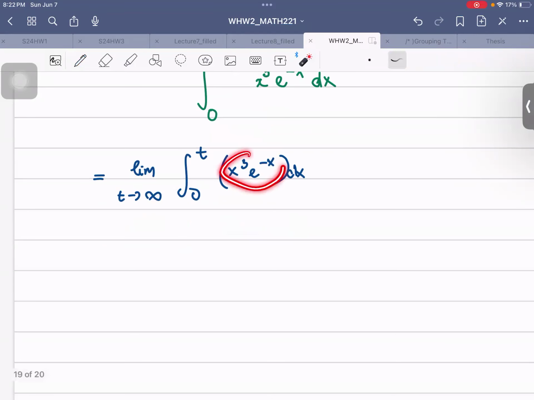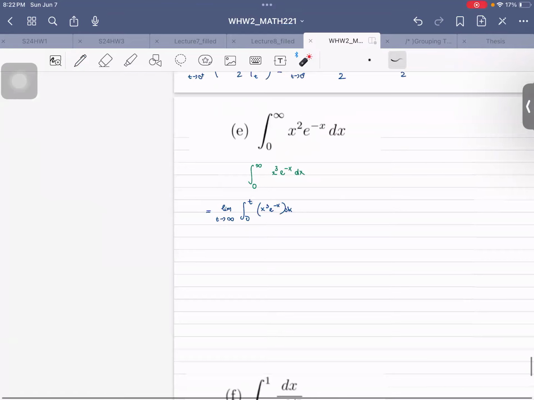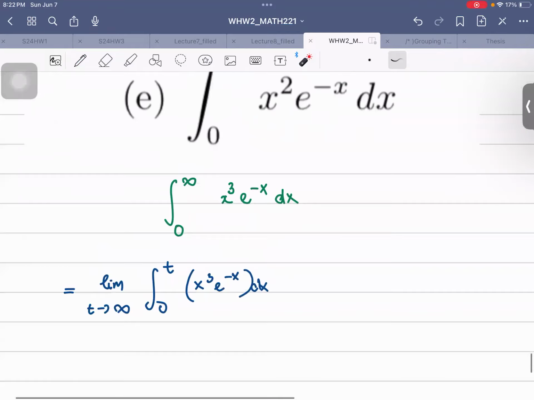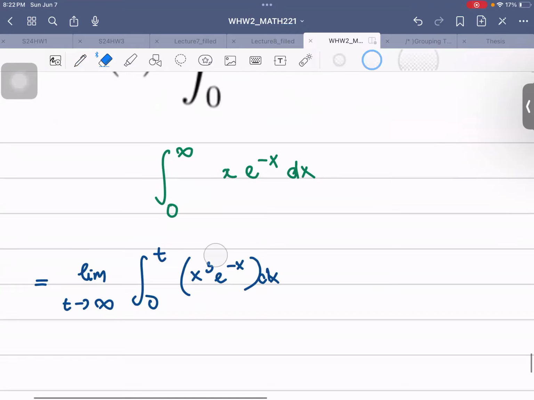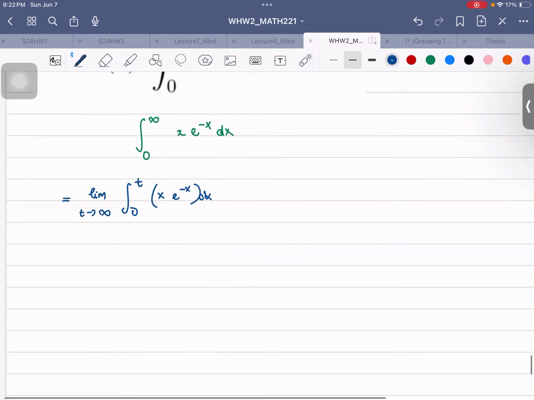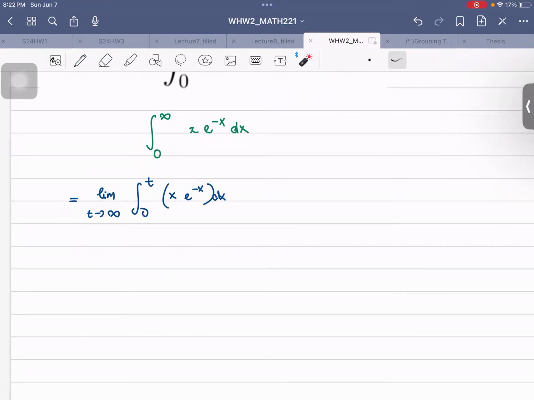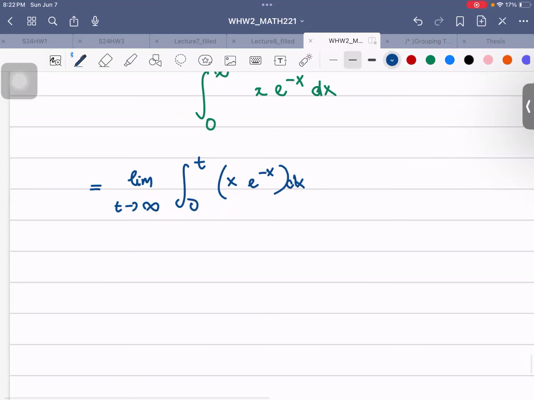And I believe for this one, you have to do integration by parts, because you have an algebraic function multiplied with an exponential function. Let me use x for simplicity. Firstly, let's find the antiderivative of this thing.